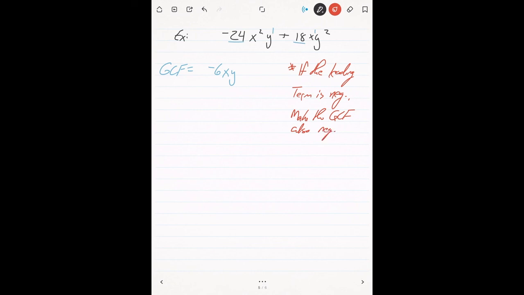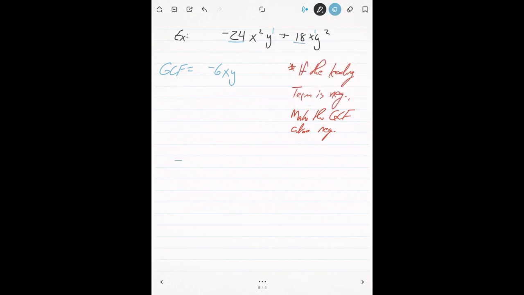Okay? If the leading term is negative, make the GCF negative. The reason is we don't tend to like the leading terms to be negative. And it's helpful when we factor them out, and we'll see later on how factoring out a negative GCF can help us when we need to simplify things later on, factoring down and simplifying rational expressions. But for right now, it's just really a practice technique to work with.